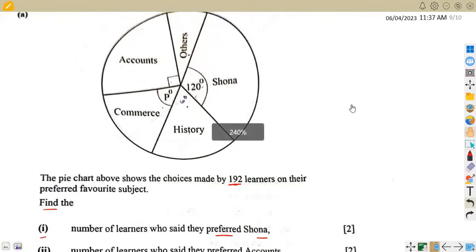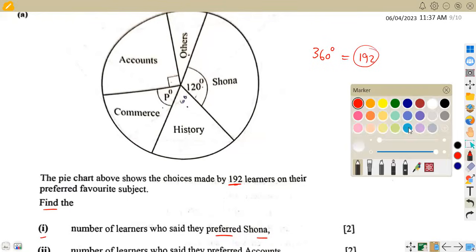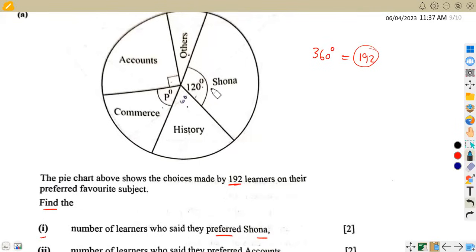So what it simply means is that 360 degrees is equal to 192, the total number of students. What is going to be the proportion for Shona if they carry 120 degrees from the sector that we have? This sector here, we've got 120.